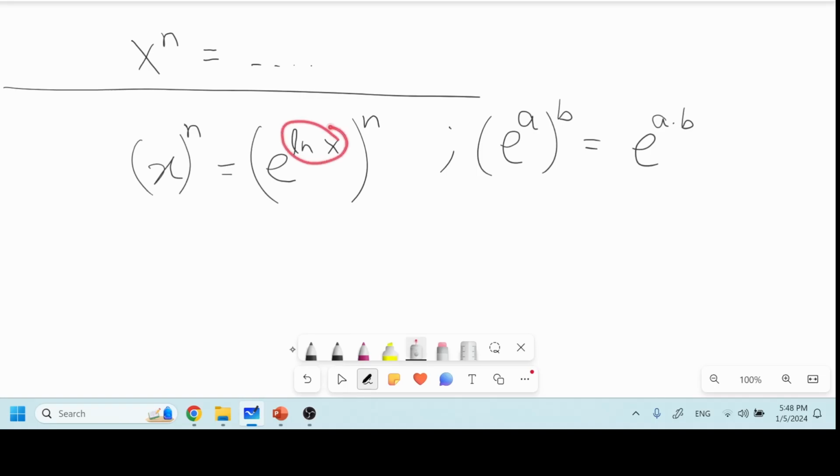You can think of ln x as a and n as b. So with this, we can write the right hand side as e raised to the product of ln x times n, which is just written as n times ln x. This is how the generalized power function is defined.